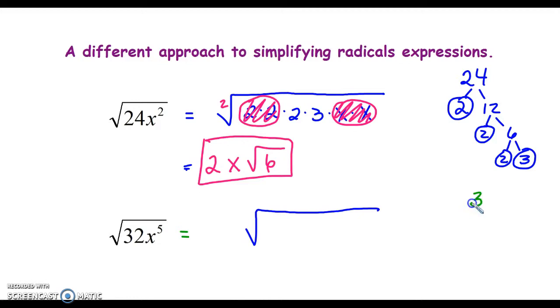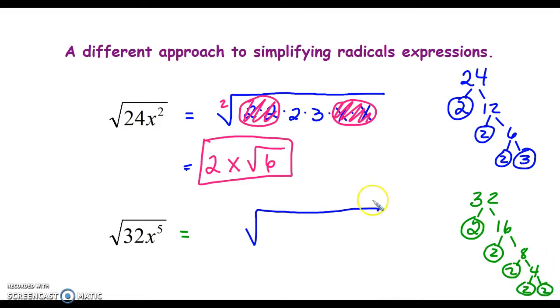32, let's find its prime factors. It is even, so 32 divided by 2 is 16. 16 is divisible by 2 because it's even. 16 divided by 2 is 8. 8's divisible by 2. You get 4, and 4 is divisible by 2.